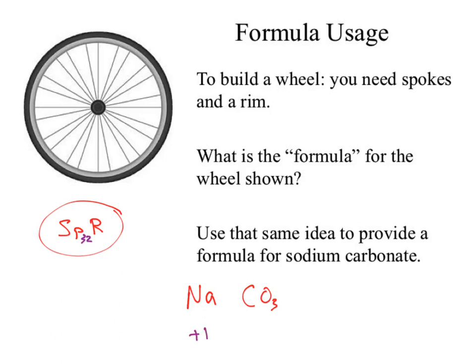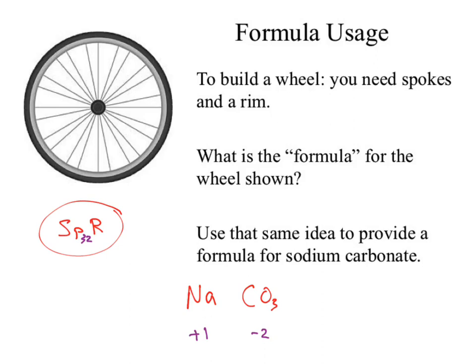A +1. A charge on a carbonate? -2. Those connections aren't balanced. What I've written there is SPR. That doesn't allow me to build a wheel. For that same reason, that doesn't allow me to build sodium carbonate. So I can't interpret that formula yet. I need to make sure that formula is correct to interpret it.